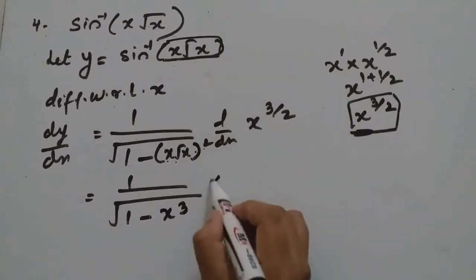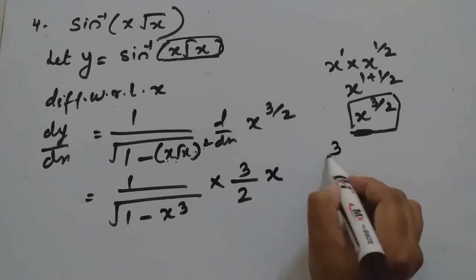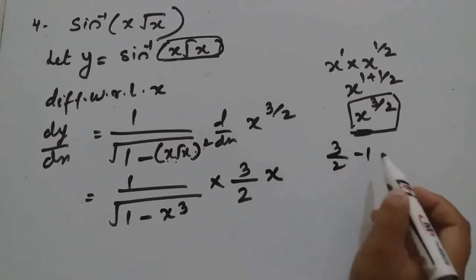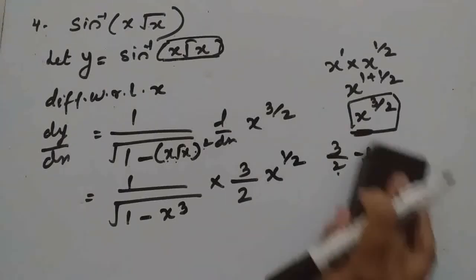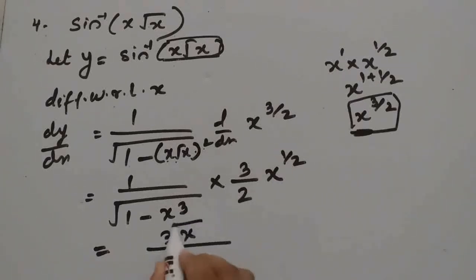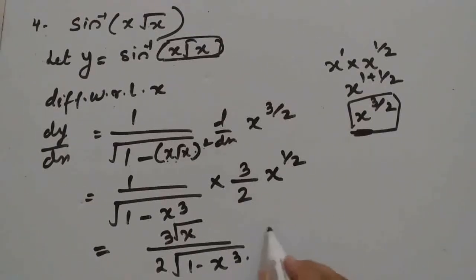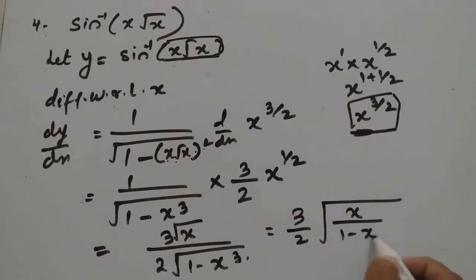And here the power rule means 3/2 should come out. x power, subtract 1 from the power, so 3/2 minus 1 means half only, isn't it? Half means root. So what we can write, 3x√x, we can write 3√x by 2√(1 − x³). This way we can write, or (3/2)√(x/(1 − x³)). This also we can write here.